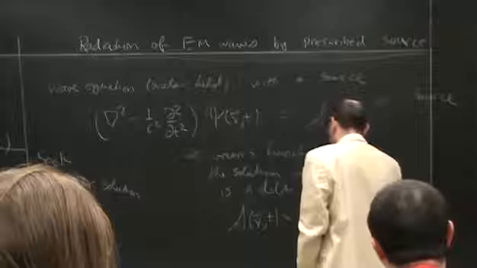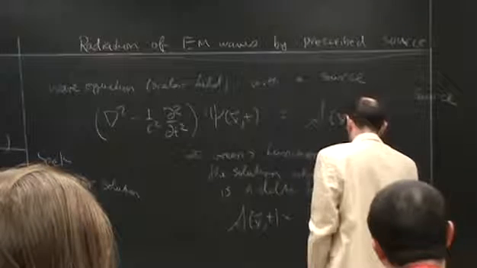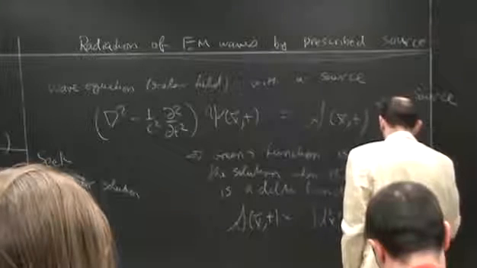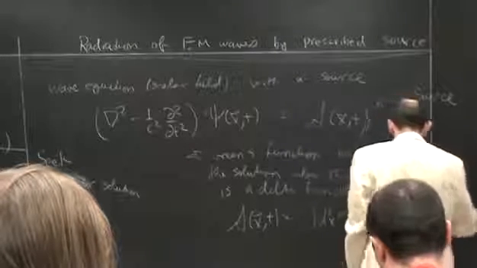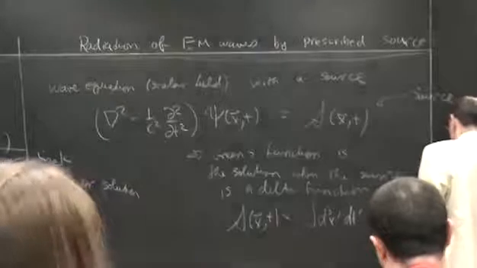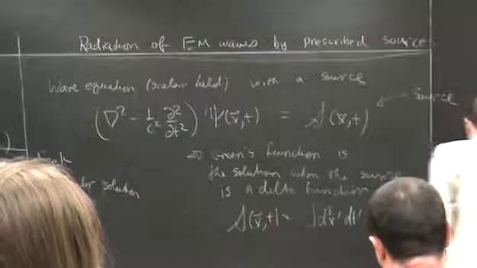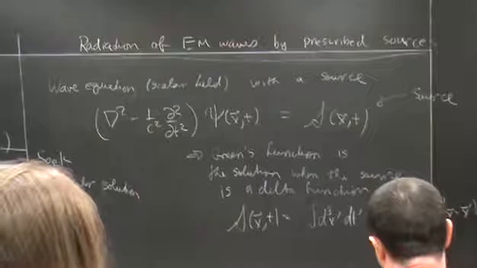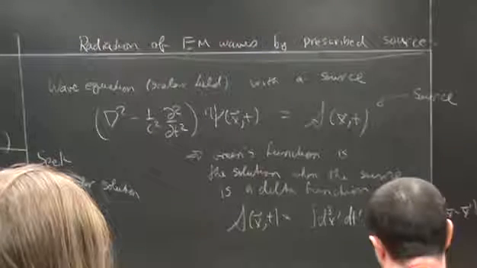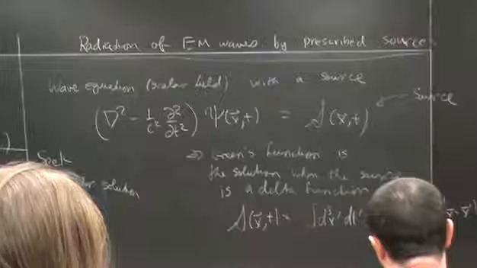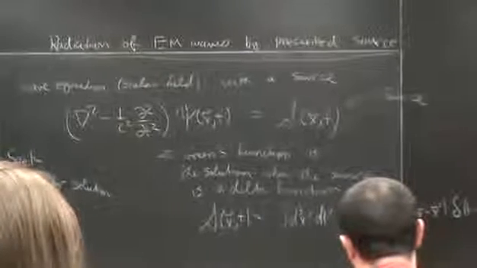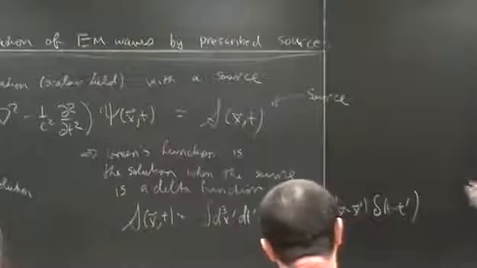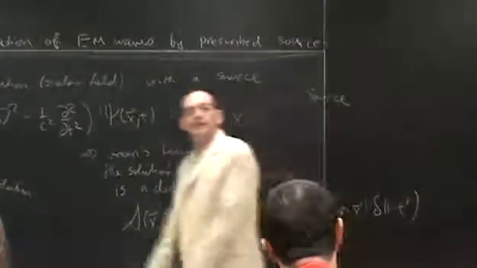In this case, our delta function is a delta function in space and time. So at time t prime and at position x prime, the source goes whoop, and then a wave is emitted.